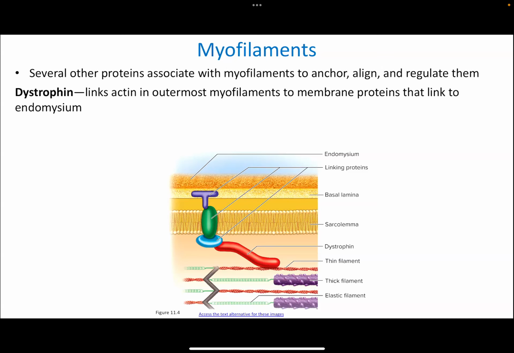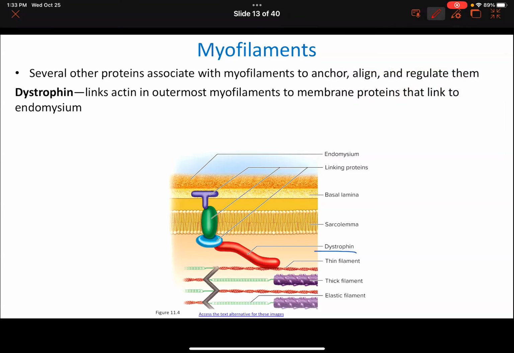And so we do that. Basically, dystrophin will be holding the myofilaments on the outer part of one of these contractile units to the endomysium. So it's going to help keep them connected to the outer part.